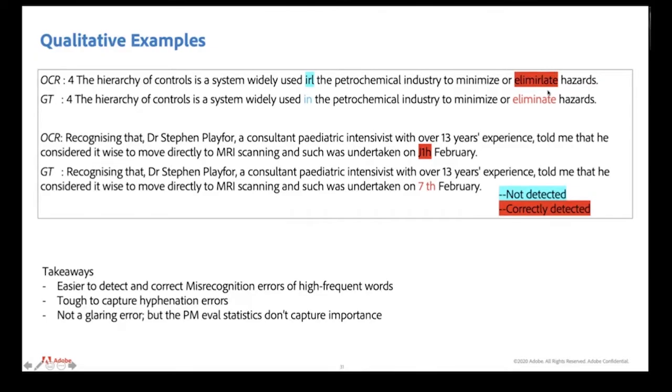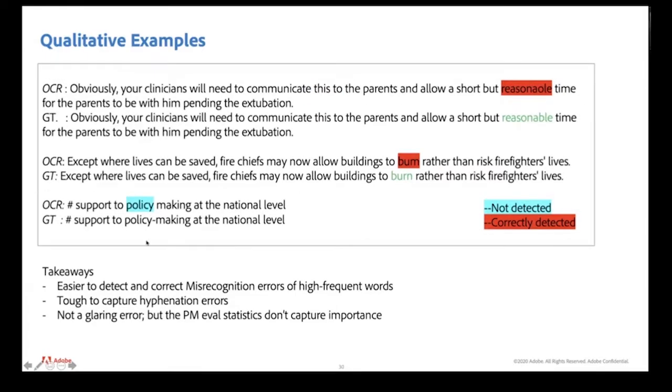Again, here is another correction. Sometimes numbers also go wrong, but we were able to correct them. For example, this particular error here, the hyphenation error, is probably a very small error, but the evaluation metrics, both what Adobe uses and what the PMs use, don't capture the importance of these things.